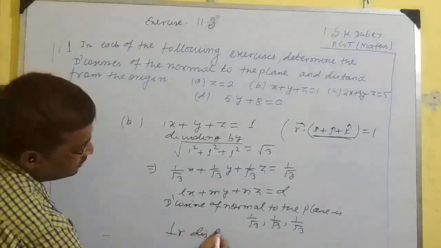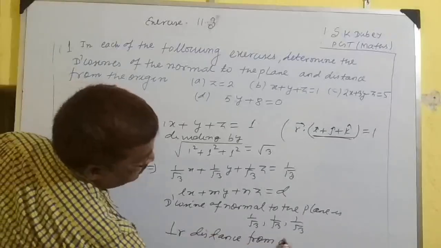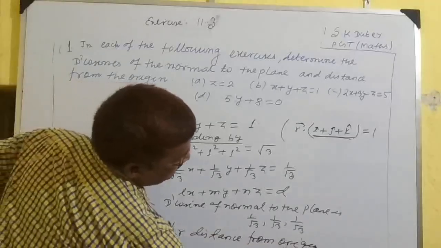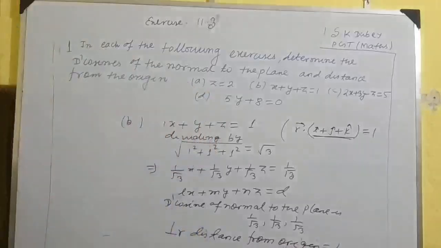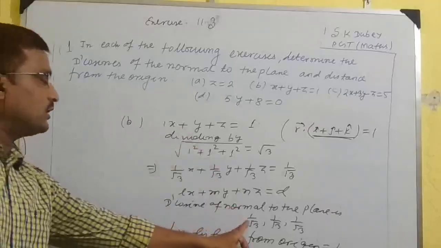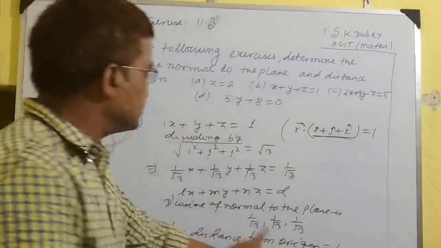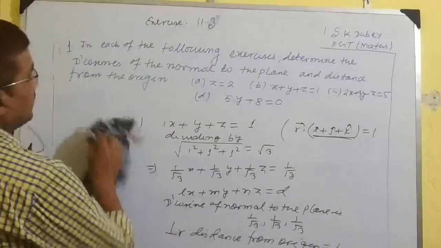Perpendicular distance from origin is here 1 by root 3. So this question is short. Direction cosine of normal to the plane is this, and perpendicular distance from origin is 1 by root 3.